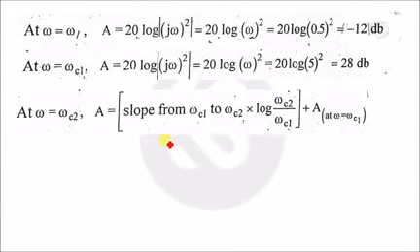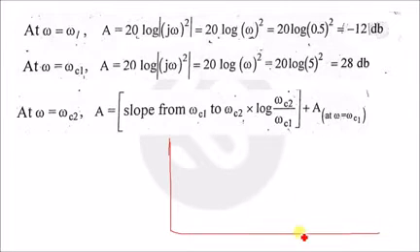So let's say I have the plot like this. Try to understand with me. This is my log plot, and this is frequency, in terms of log, and this is my A or gain. First I have taken a frequency 0.5, and I'm getting a value of minus 12 here.